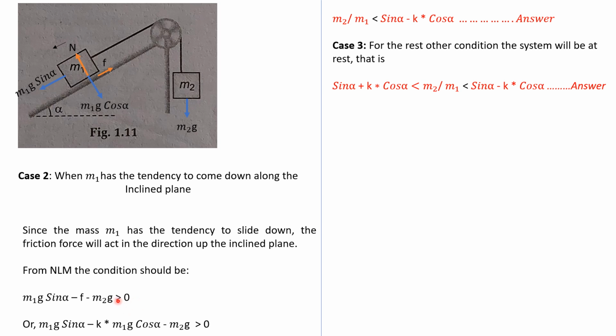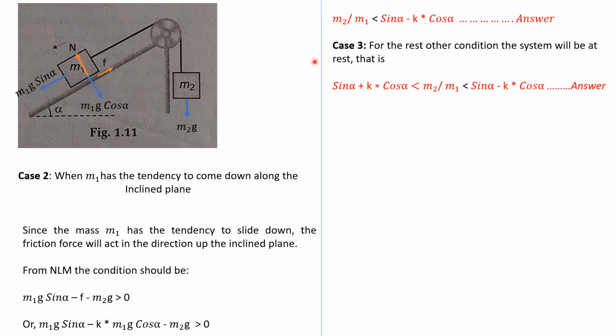This should be greater than 0 for the motion to occur in this direction. Therefore m2 by m1 will be less than sin alpha minus k cos alpha. So this will be the second answer.